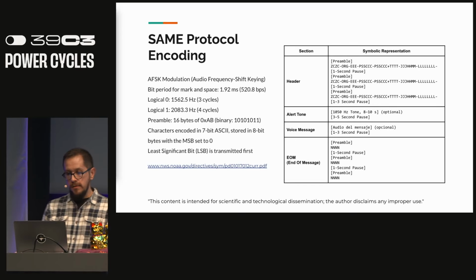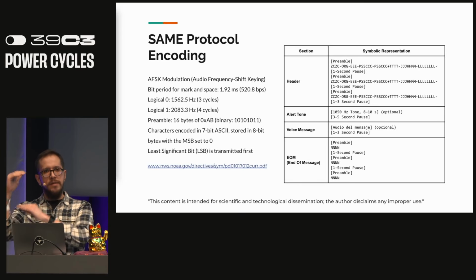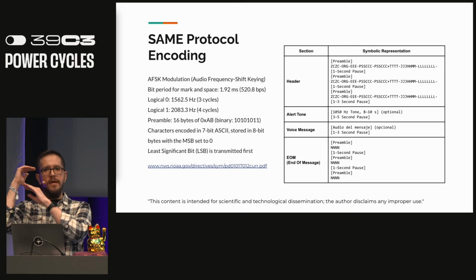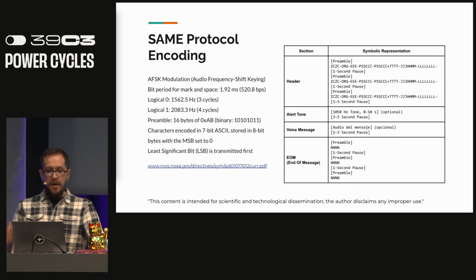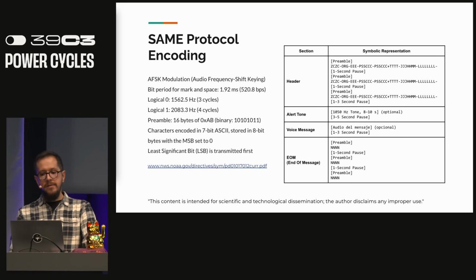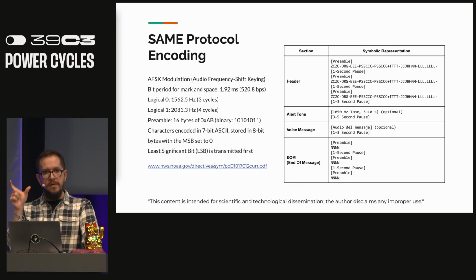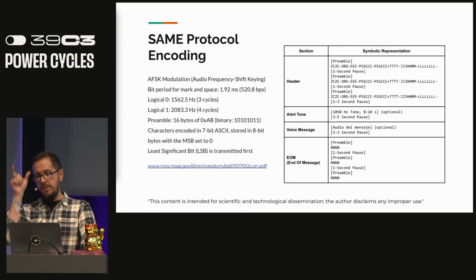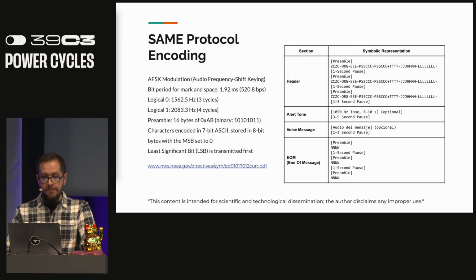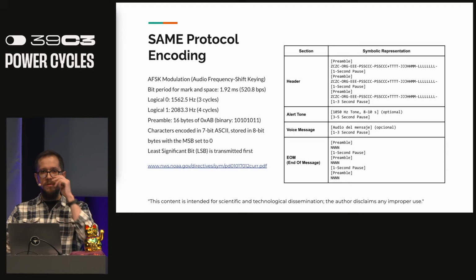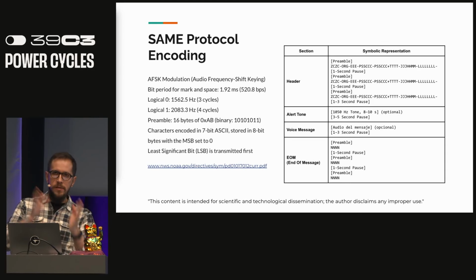And on the right, you can see the parts that define a SAME message. First, there is the header. The header message is sent 3 times. You have to send everything 3 times because, you know, this comes from the 60s, so it is backwards compatible with all the receivers.